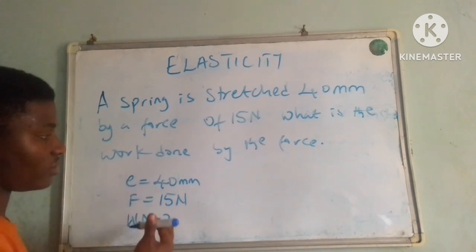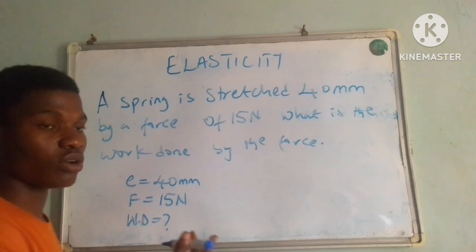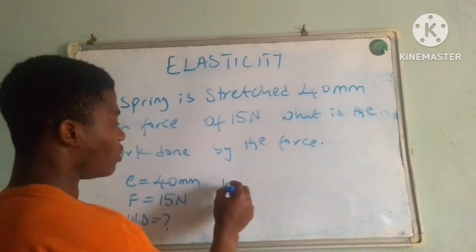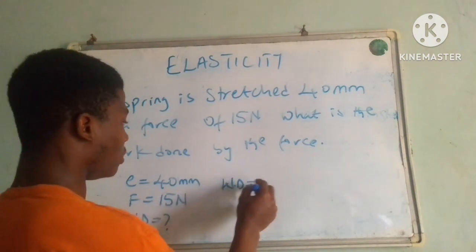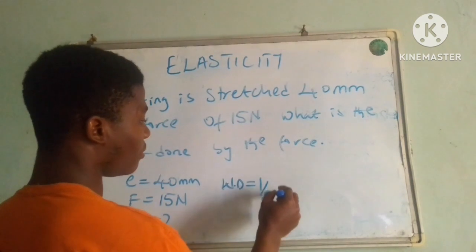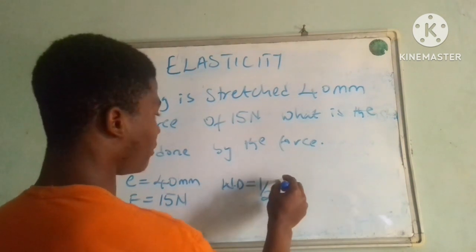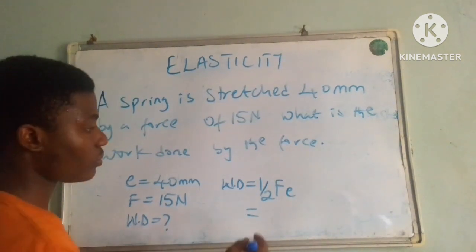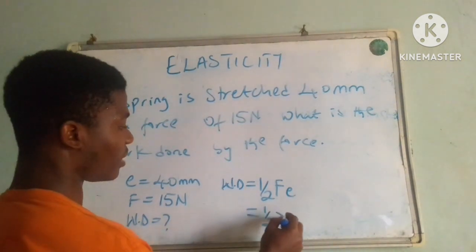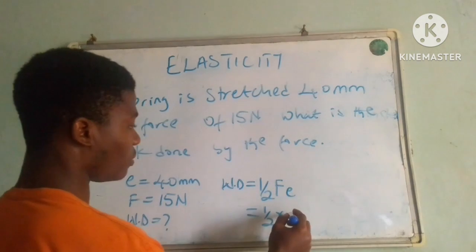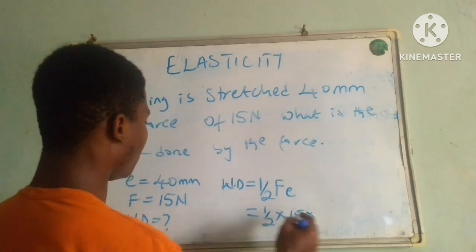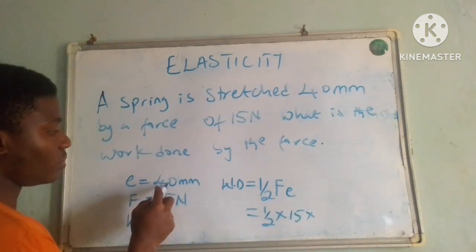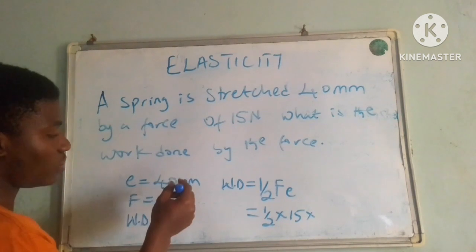And from what we are given and what I have explained on work done, we know that work done is equal to half F E, which is equal to half times force, which is 15, times the extension.